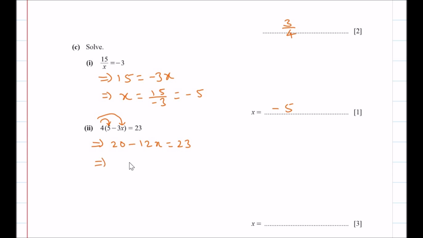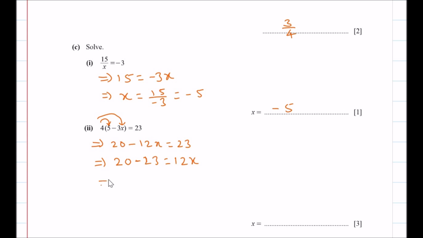Right? So I'll make minus 12x a positive term because we have to make x the subject. So I'll shift 23 to the left side. So 20 minus 23 is equal to 12x, with 12x shifted to the right side.